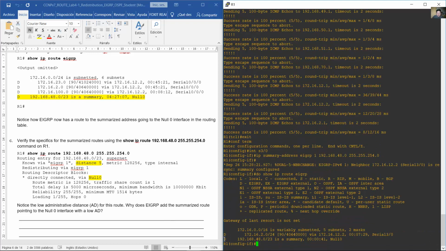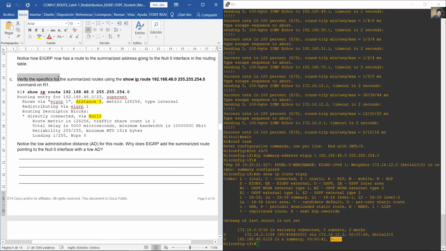And look at this, you have a new entry 192.168.48.0/23. It's a summary, and the exit interface is Null0. Notice how EIGRP now has a route to the summarized address going to the Null0 interface in the routing table.